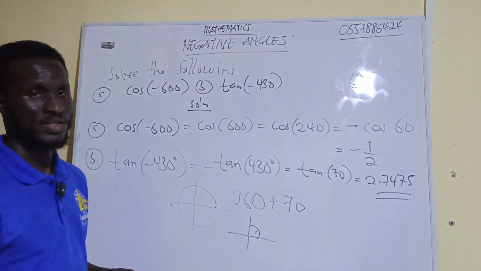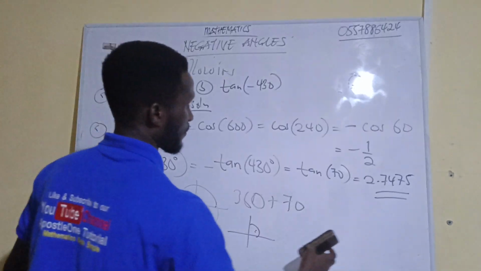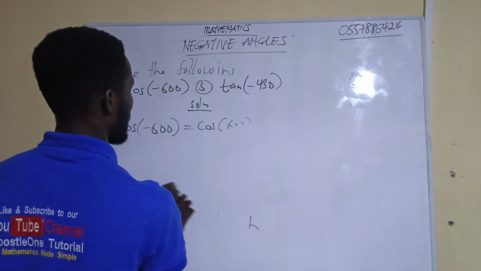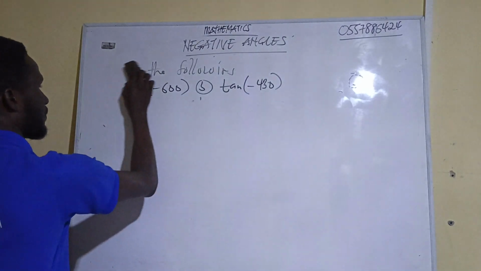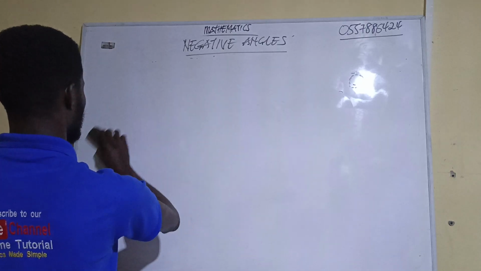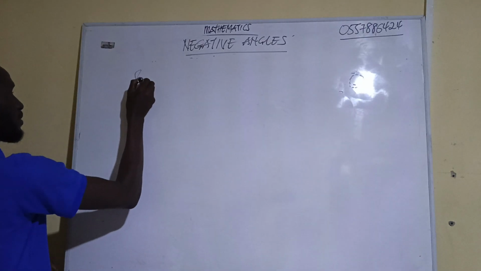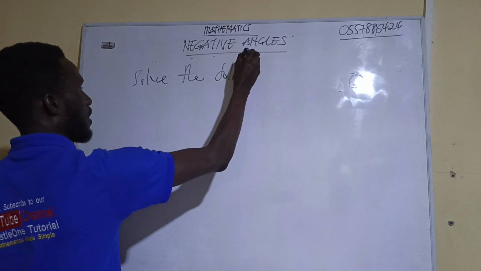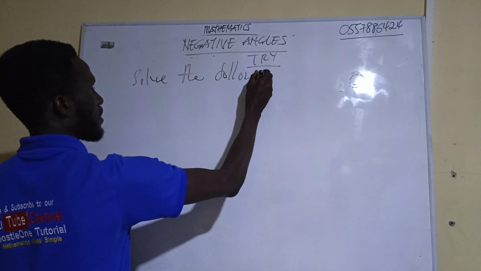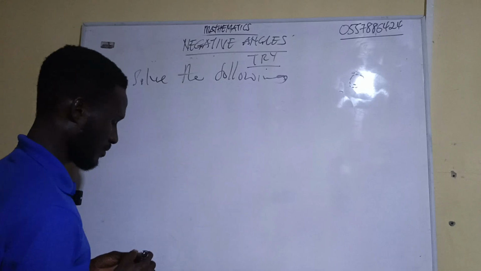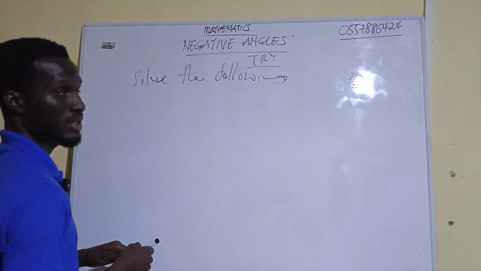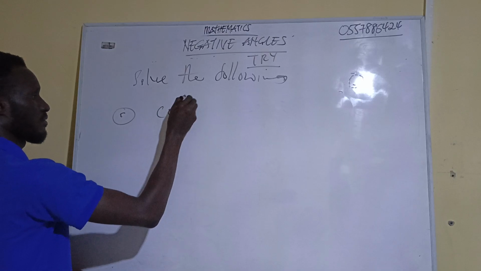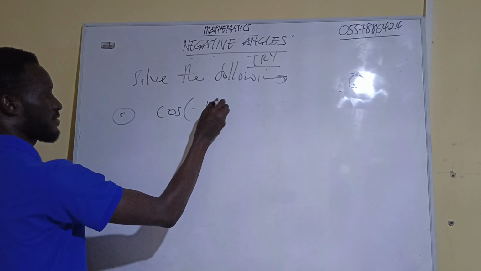Now let me give you two questions for you to go and try. Solve the following. A, cos negative 150.